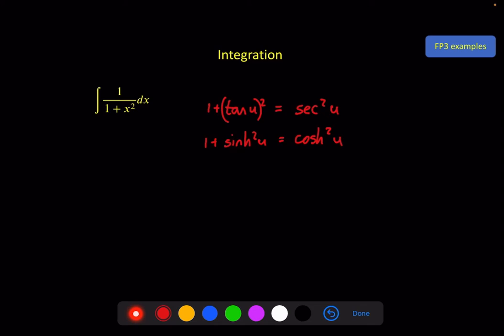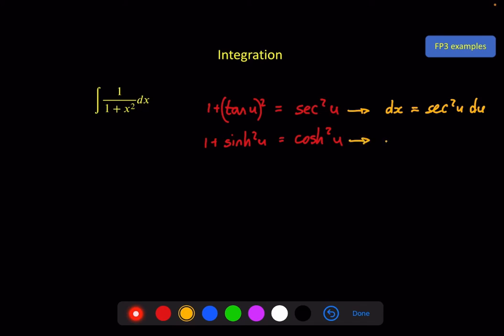The second thing to consider, however, is that when you do a substitution, you need to substitute out the dx as well. So in this top one, if I used tan u as the substitution, I would also have a dx equal to the derivative of tan u, which is sec squared u du, and I would have to substitute that in as well.